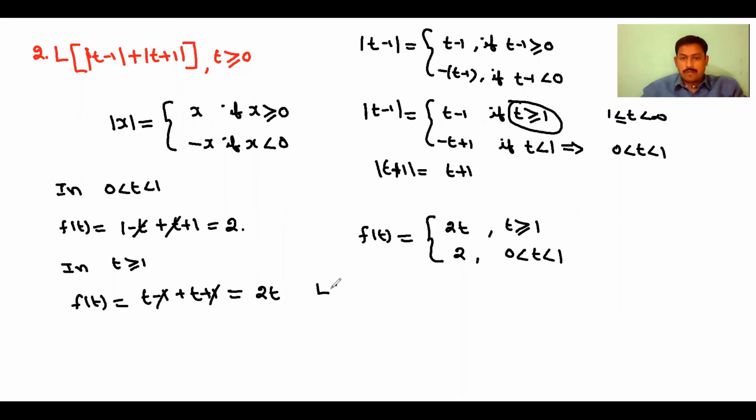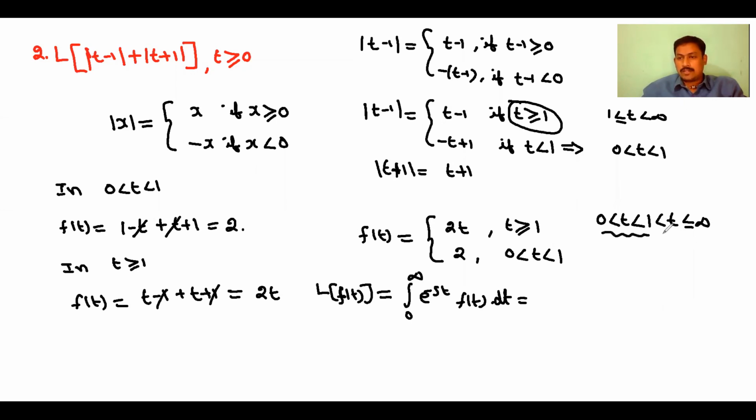So L of f of t equals, we have to apply the basic definition, integral 0 to infinity e power minus st f of t dt. We can divide that into two intervals. So this is one interval, this is another interval.